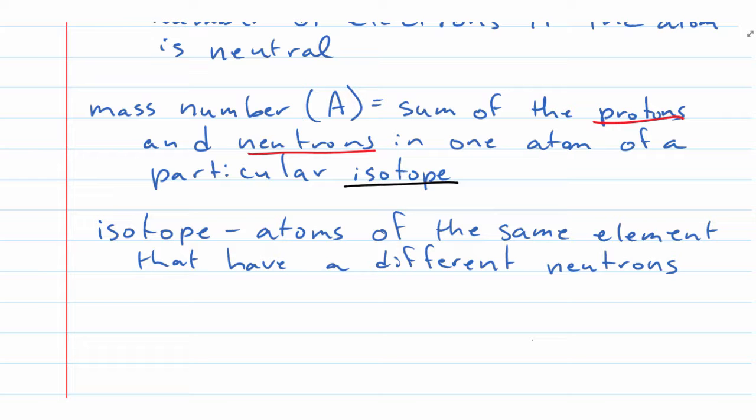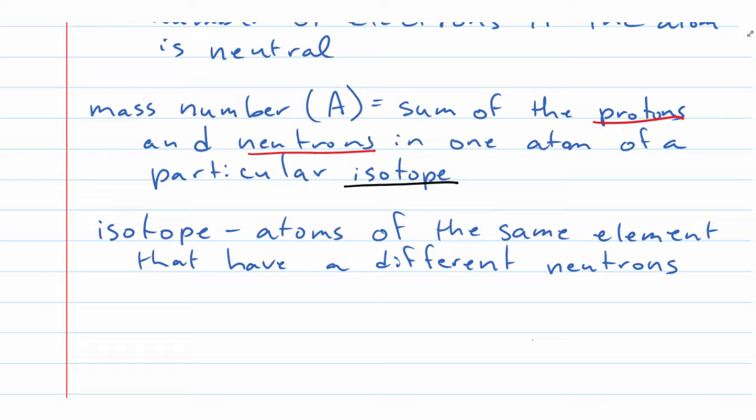And that's what the word isotope means. The prefix iso means equal or same. Good. And so this is same protons. We have isotones, which would be same number of neutrons. But isotopes, the P there, tells us it's the same number of protons.